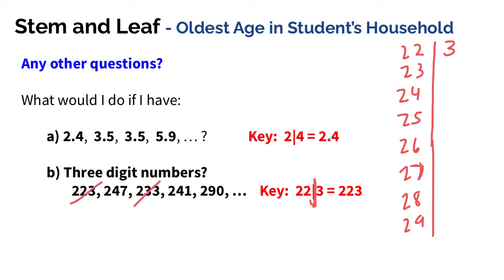So 233 would be 23, and then with the 3 next to it. Then I'm going to do 241 next, since that's the next lowest, so I would put a 1 here. And then for 247, I would put that here. And then finally for 290, I would do a 0 down here, and that's going to give me 290.